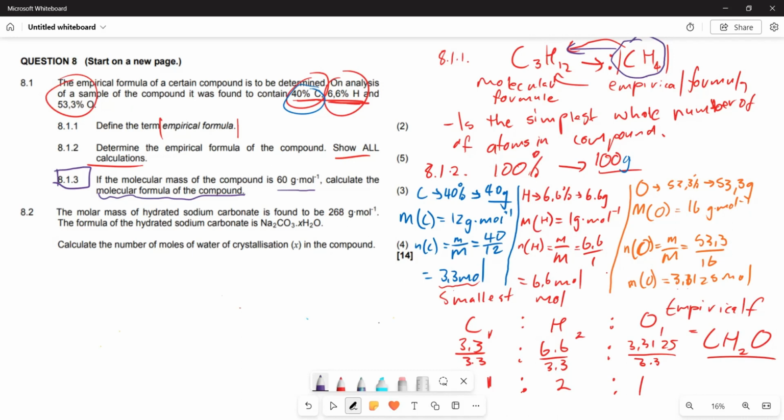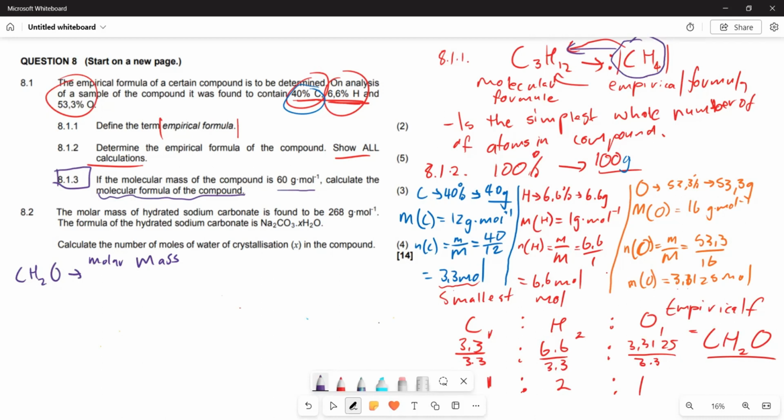Now, for us to do that, we are going to start here. We are going to take the empirical formula. Remember, we are having CH2O. Now we are going to firstly find out your molar mass of this particular formula.